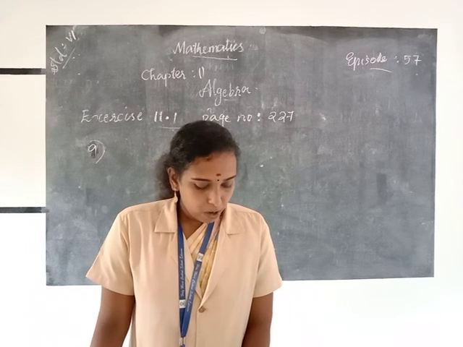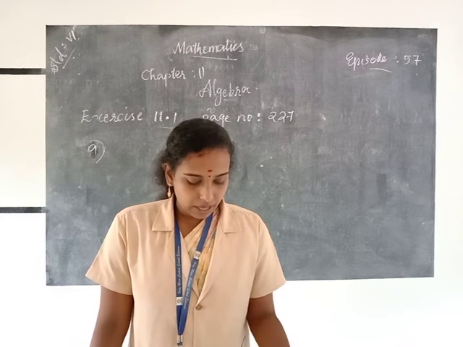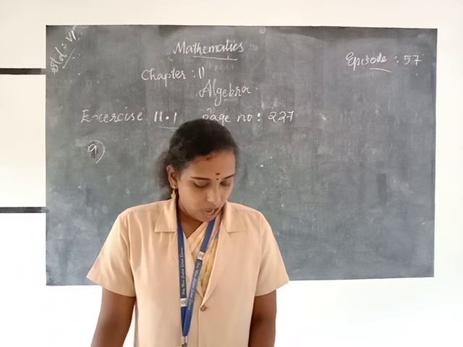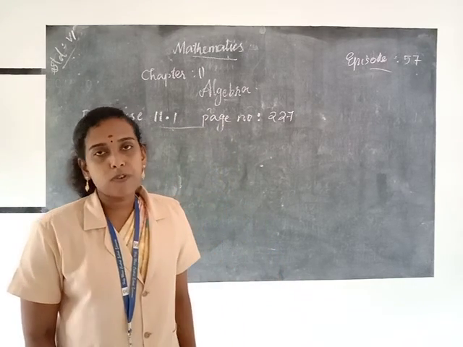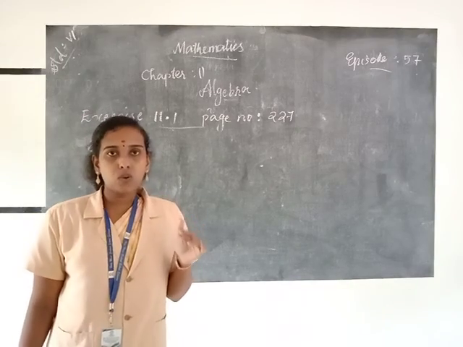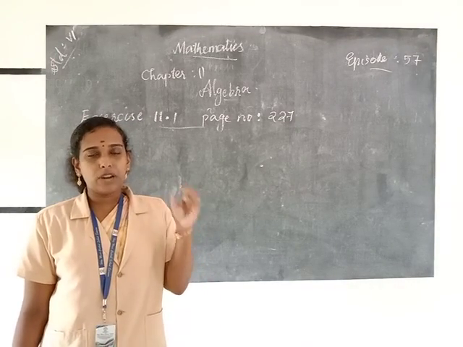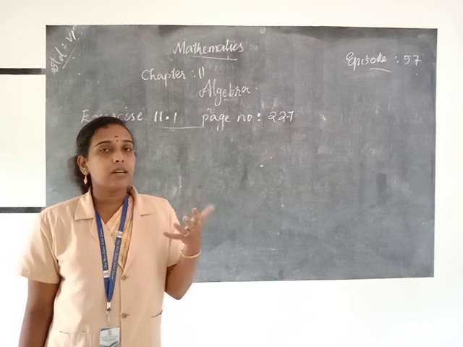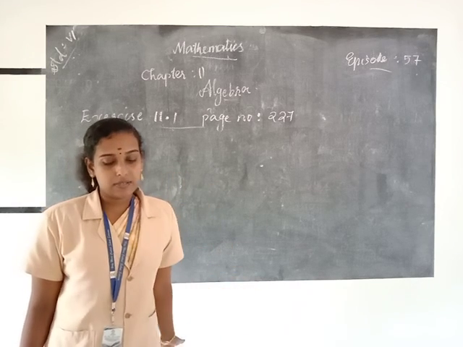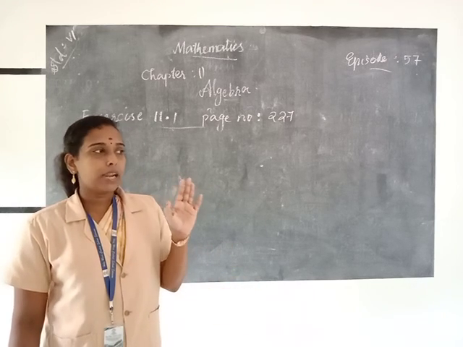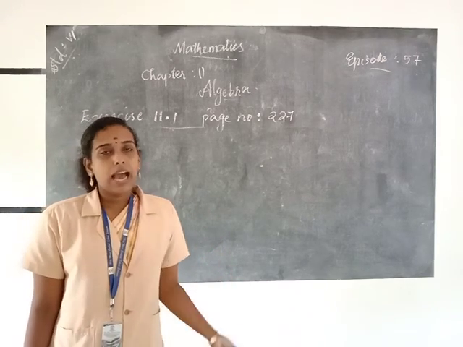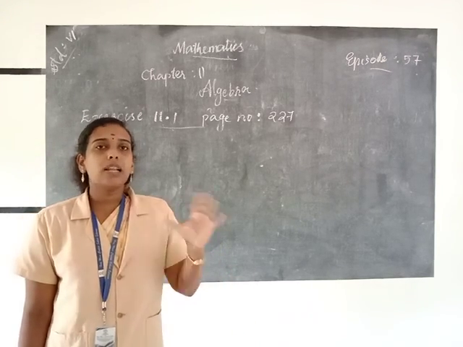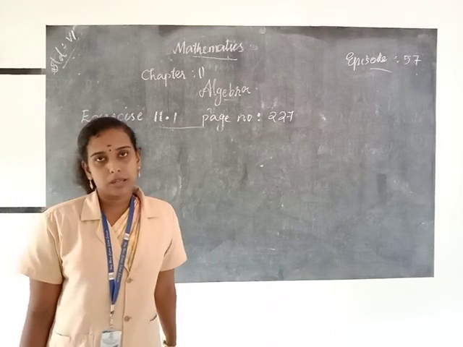If the number of laddus mother gave away is L, how many laddus did she make? So here the number of laddus mother gave is equal to L, and there are 5 laddus remaining. Here we want to find the total number of laddus made by mother.